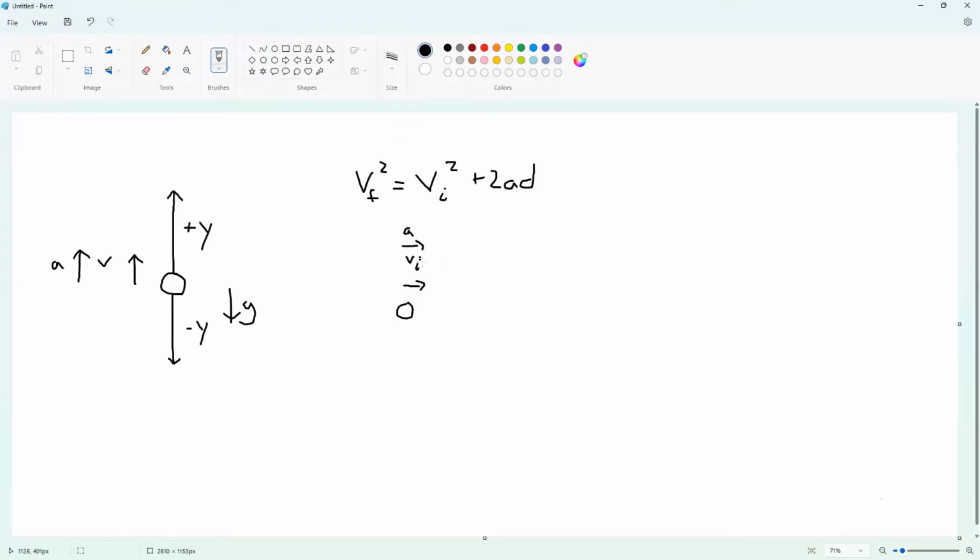The acceleration is increasing or decreasing the initial velocity depending on what the value of the acceleration is, and this acceleration is affecting us over this distance. The difference between the final velocity and initial velocity is going to be the velocity it gained over this distance.